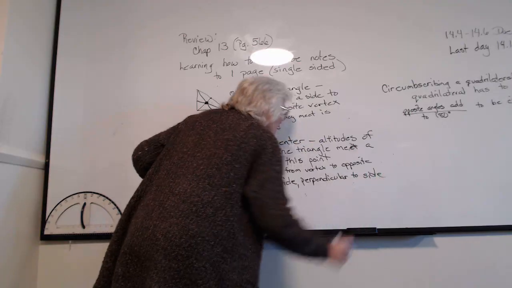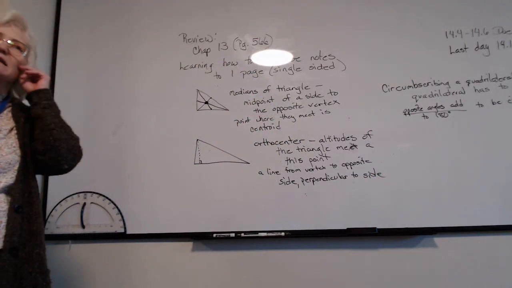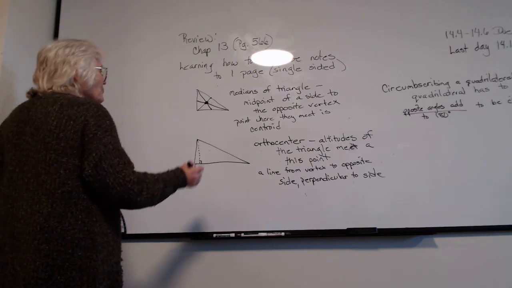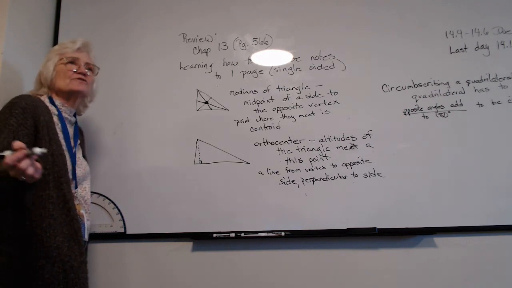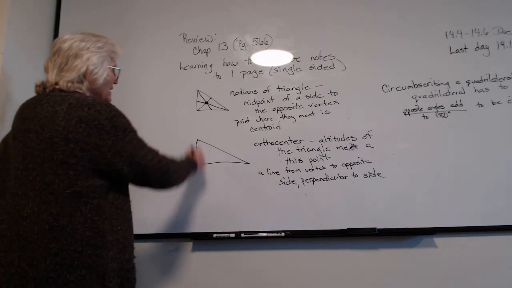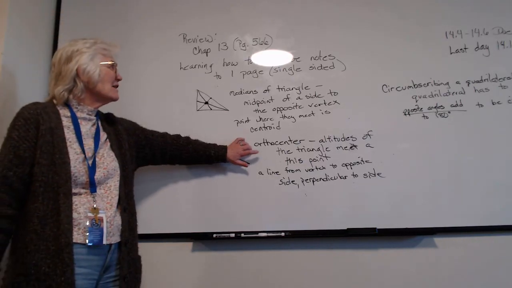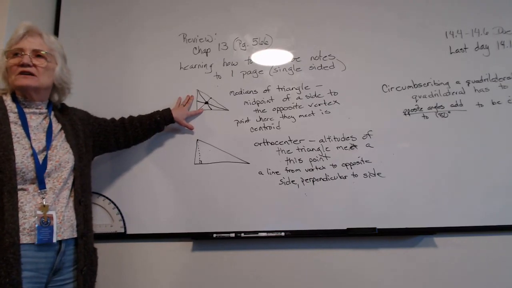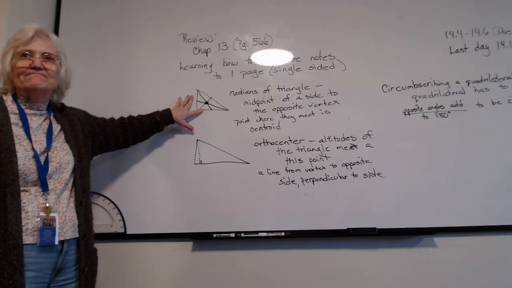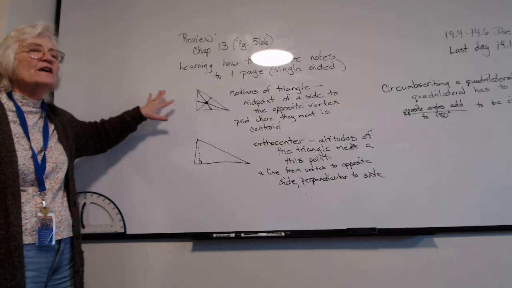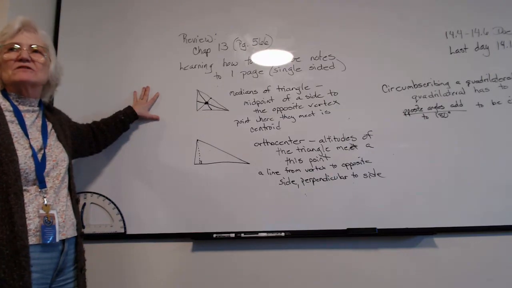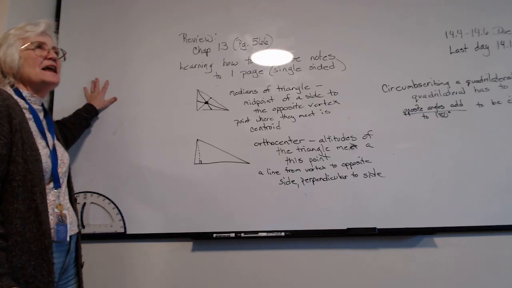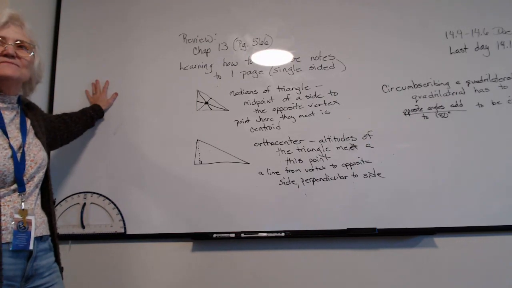Can an altitude be outside of a triangle? Yes, especially if you have an obtuse angle, you will get an altitude that may be outside. So this point can be outside. Will you ever have a centroid that is outside your triangle? No. Will you ever have an incenter that's outside your triangle? No. Can you ever have a circumcenter outside your triangle?